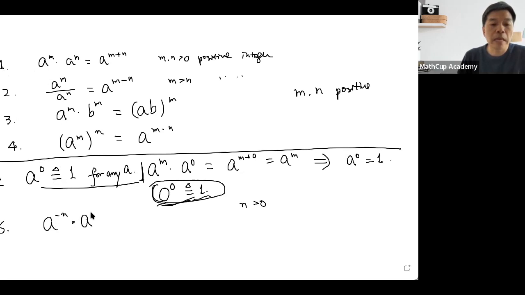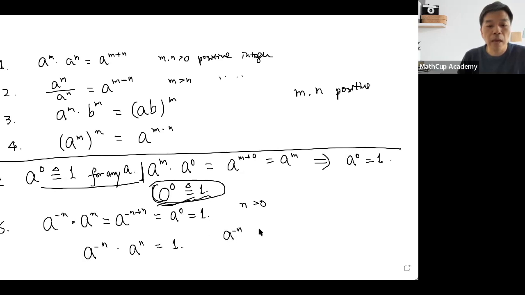A to the minus n times a to the power n is going to equal a to the power minus n plus n, which is a to the power 0, right? A to the power 0 we already defined as 1. So we see that a to the negative n times a to the power n is going to equal 1. That means a to the negative n and a to the n are reciprocals. That's the definition of reciprocal.